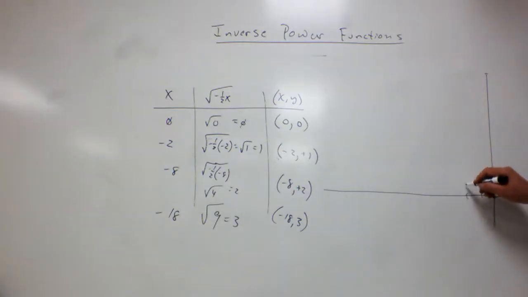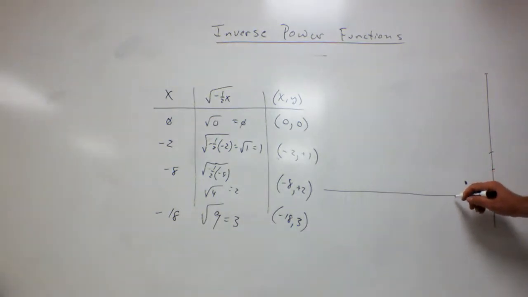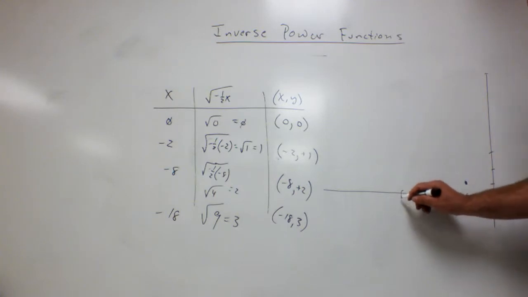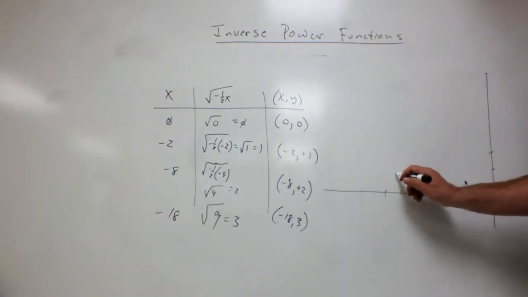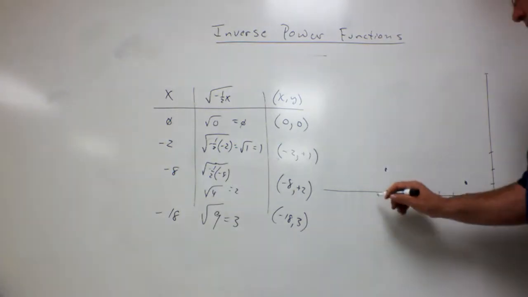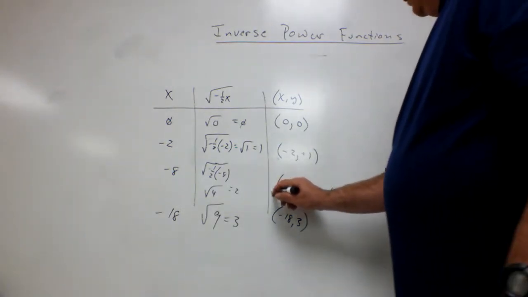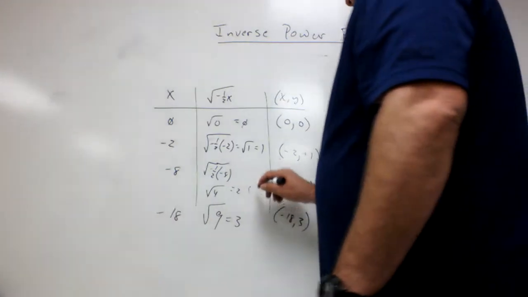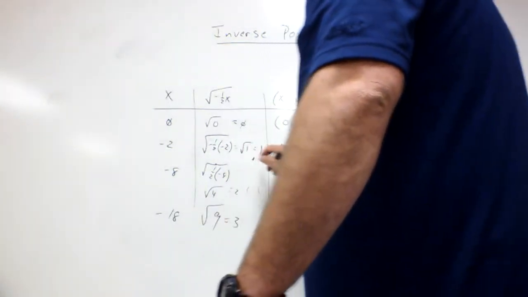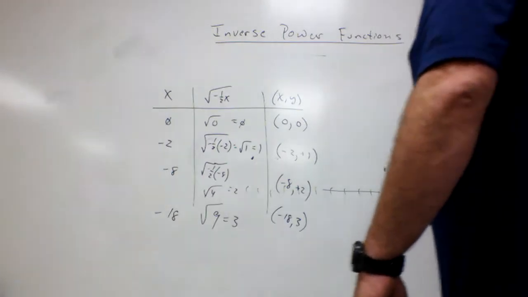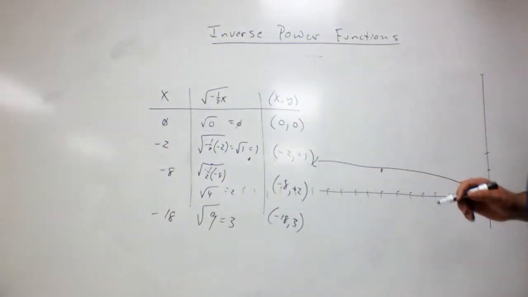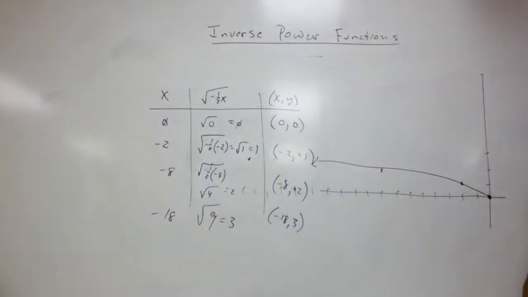But if we go 2, we're at 1. If we go 3, 4, 5, 6, 7, 8, we're at 2. And if we go 9, 10, 11, 12, 13, 14, 15, 16, 17, 18, we're at about 3. So our graph's going to go like that for the inverse power function.